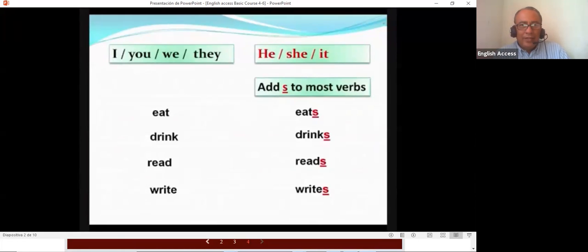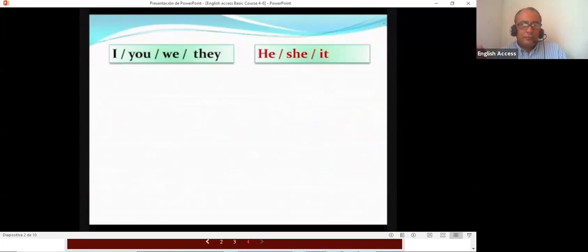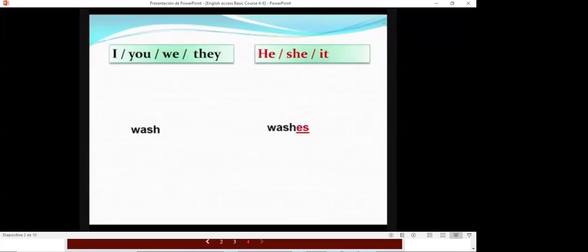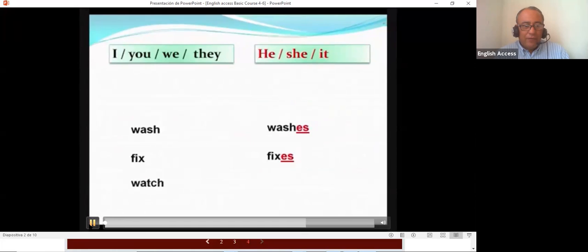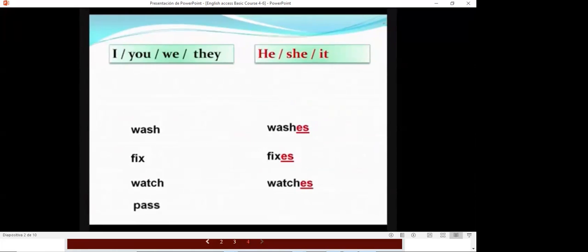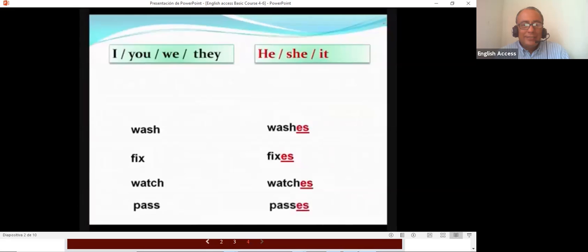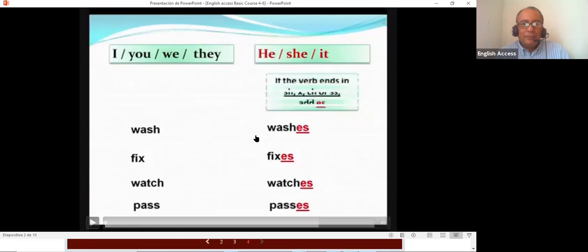We add an S to most verbs. In this case, ending in sh, wash, washes. Fix, fixes. Watch, watches. Pass, passes.